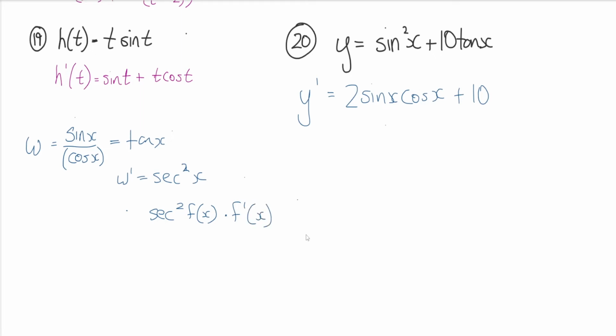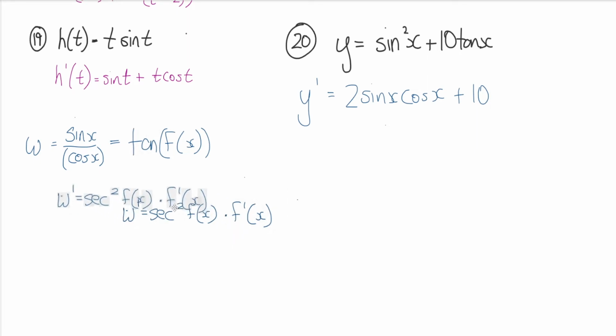That's the case if this is the tan. Let's maybe get some half decent writing here. Tan of f of x is actually our function. Then our w prime will be just the secant squared for the tan part, but we'll still have to do chain rule with our f prime multiplied on the outside.